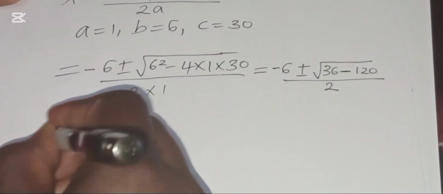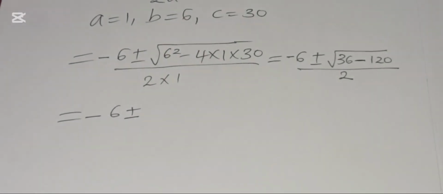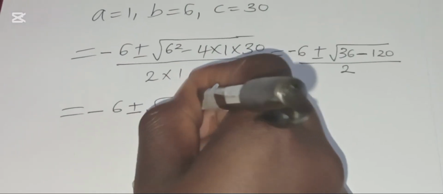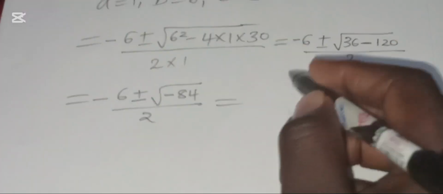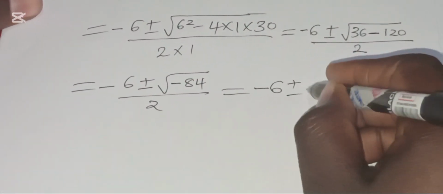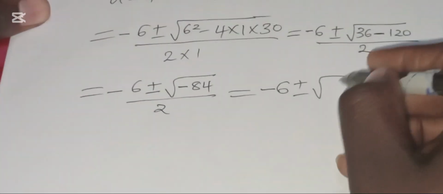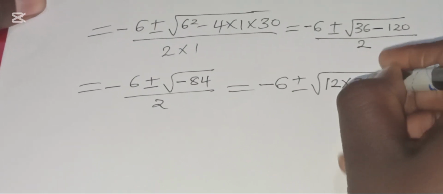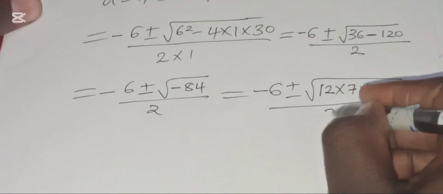Okay, now from here we're going to have negative 6 plus or minus the square root of 36 minus 120, this is the square root of negative 84, divided by 2. Okay, so this is equal to negative 6 plus or minus, now the square root of negative 84, we can express this as 12 times 7 times negative 1, divide everything by 2.